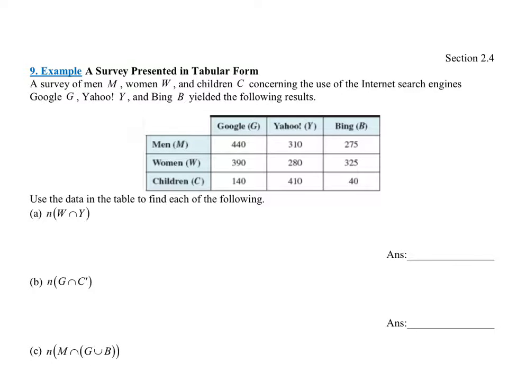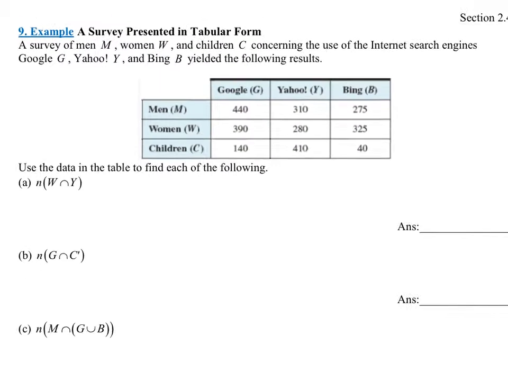Even though this chart isn't complete to me, we can still answer the questions that they ask because they're very basic. So this first one says, what's the number of, remember N means the number of people that are in W intersect Y. So remember, W stands for women.